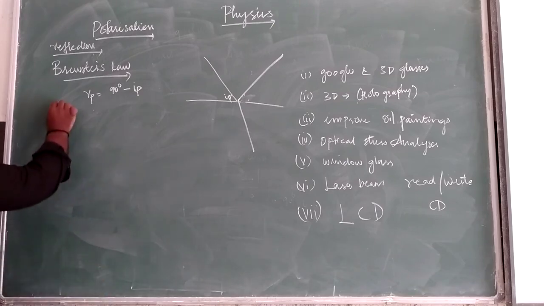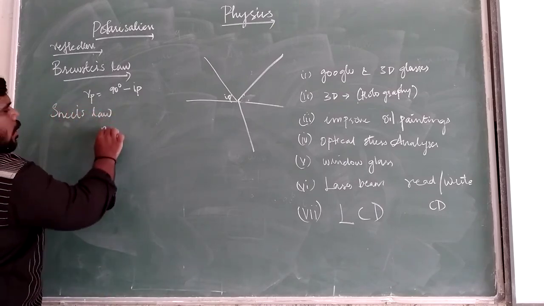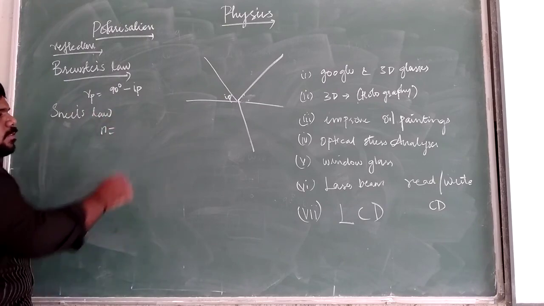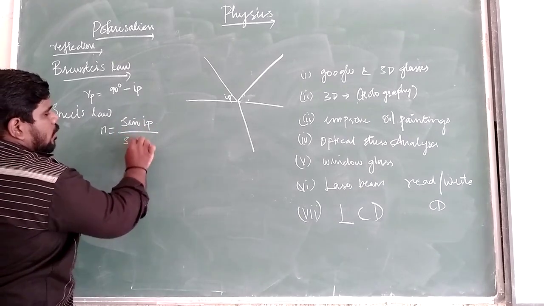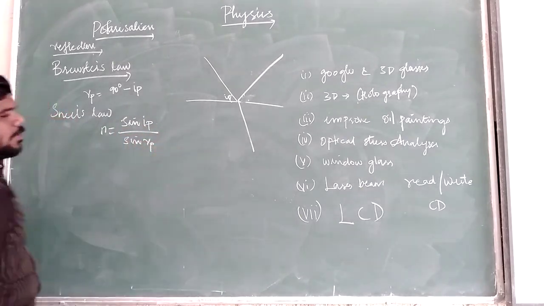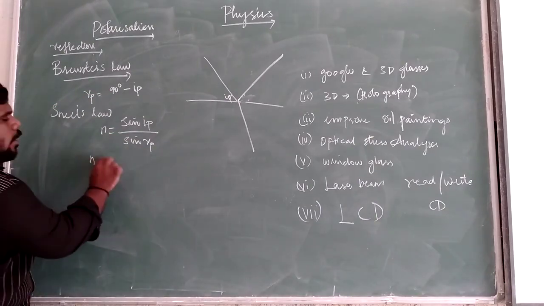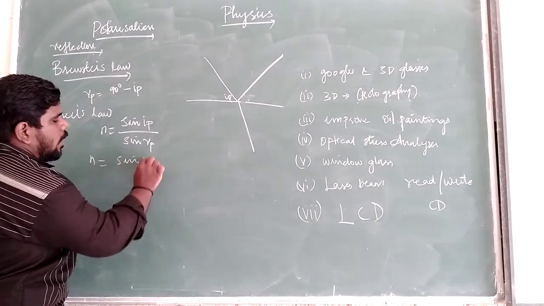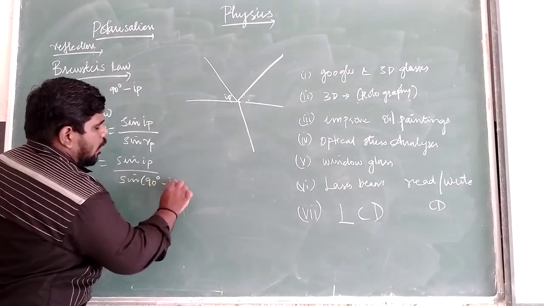So we know Snell's law. What is Snell's law? The refractive index of the medium is equal to sine of the angle of incidence by sine of the angle of refraction. If we substitute the values, we get n is equal to sine IP by sine(90 degrees minus IP).